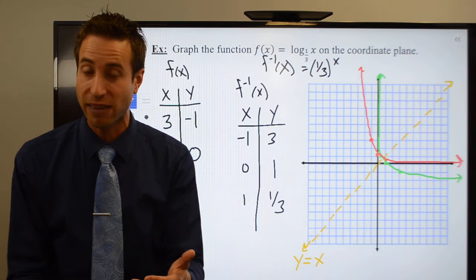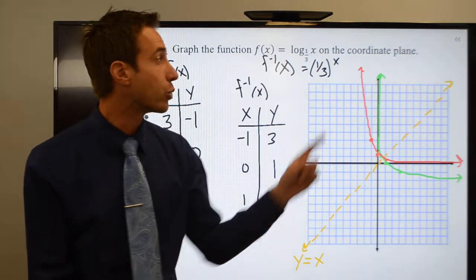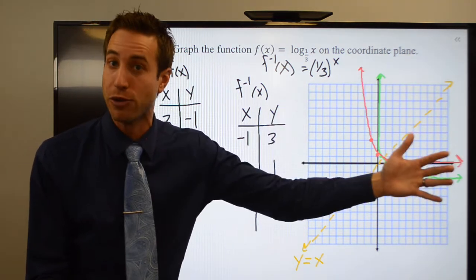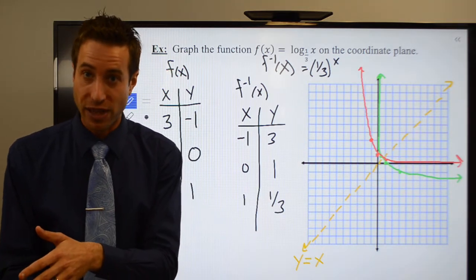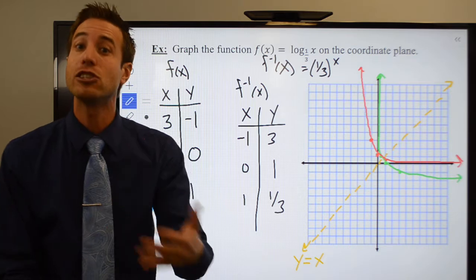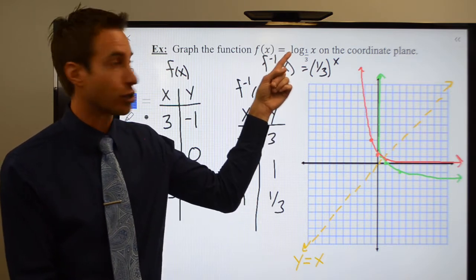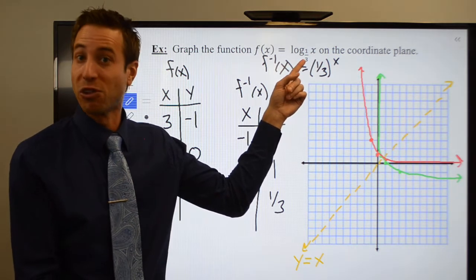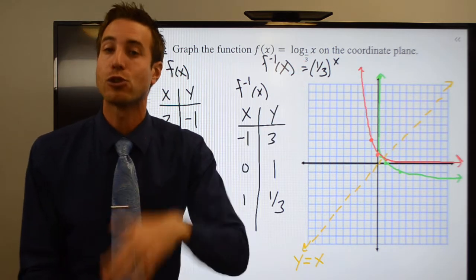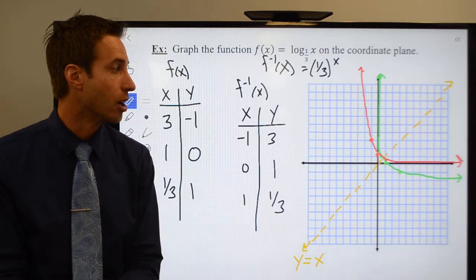And the reason they look different is because there's a difference between the base being a number greater than 1 and the base being a number less than 1. So it'll make sense then too for logarithmic functions, when the base is a number greater than 1 and when the base is a number less than 1, or a fraction, it'll change the way the graph of the logarithmic function looks.